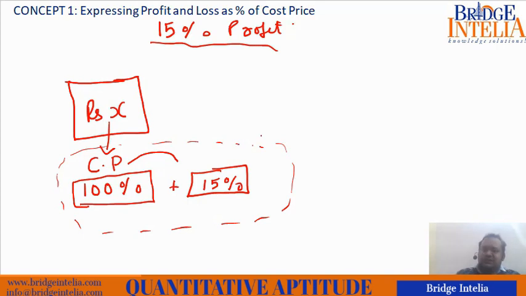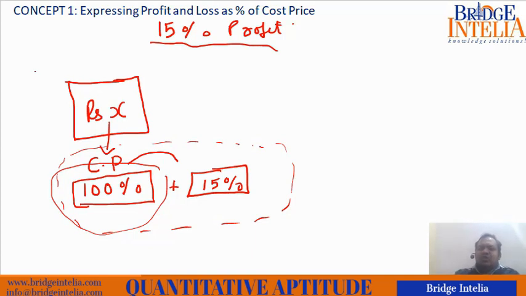If my motive is to earn 15% profit, this is my approach. I have already invested 100% of money. 100% means my investment I am referring to as 100%. So profit or loss is always determined on the basis of your cost price. So cost price is nothing but investment.